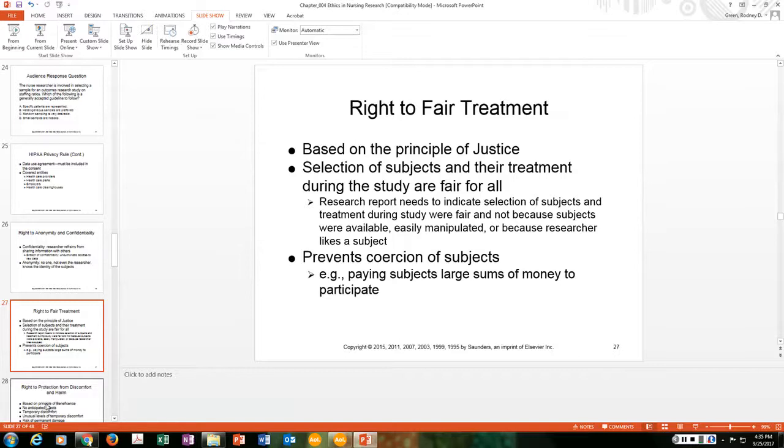This is why random sampling is so important. Randomness in selection is one way to make sure that there is fair treatment of participants. Everyone has an equal opportunity to participate.